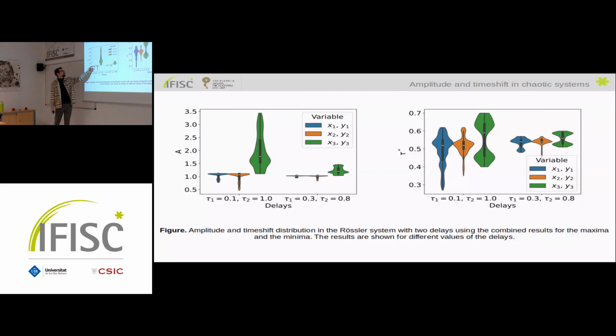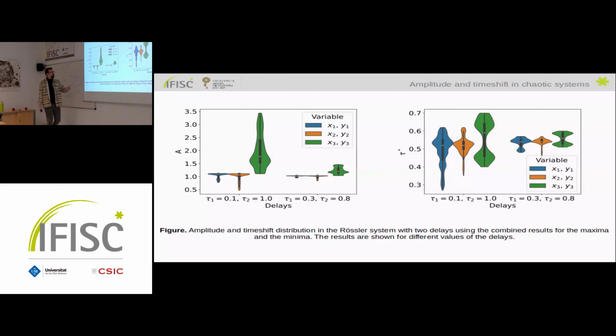So you have some probability that this has some amplification and some probability that it is not really amplified. Then this box here is the interquartile range, and this white strip over there is the median. So as you can see here, of course, in the third variable, we have some probability to have a really good amplification of the signal.